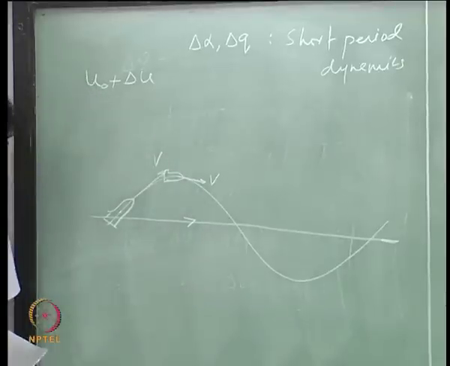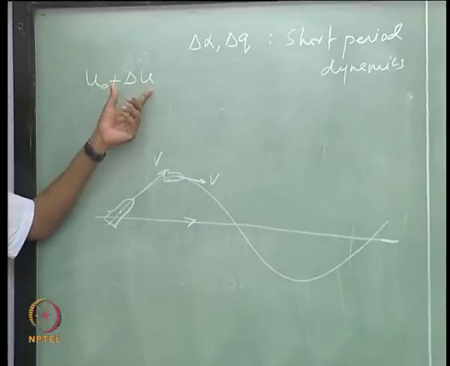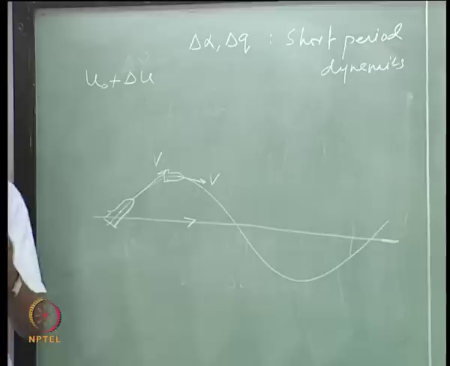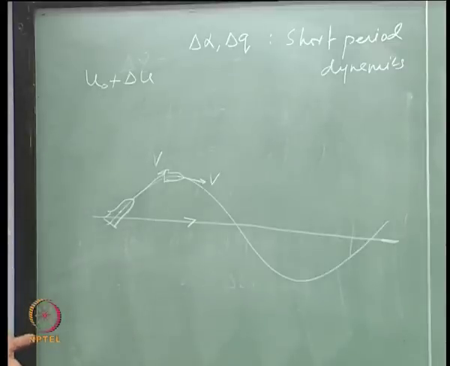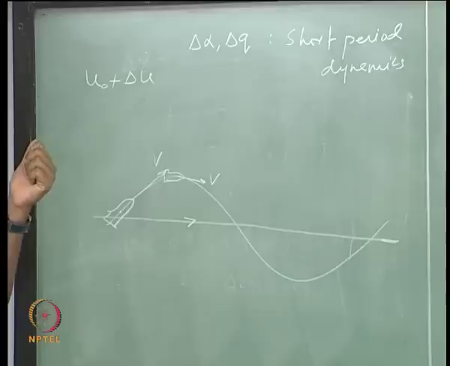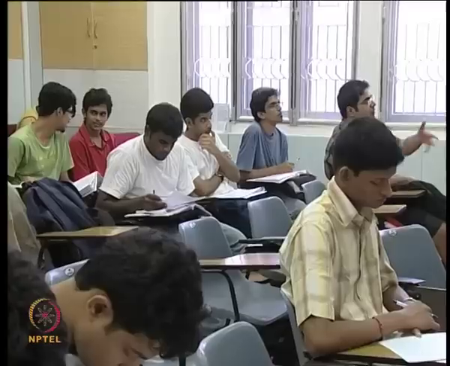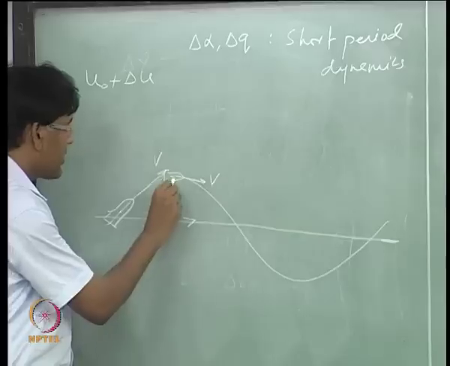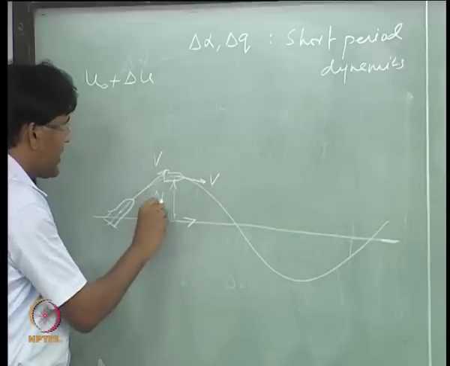Why will it not keep going? Because this delta u is not going to be there all the time. If this delta u is going to be there all the time, then it is like an input to the aircraft, like a disturbance. Now it has attained this delta h.